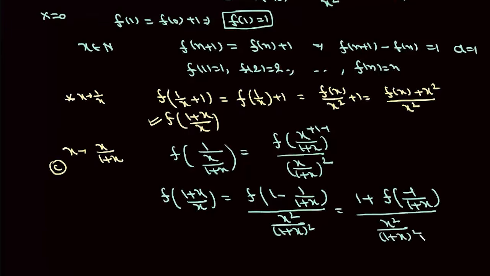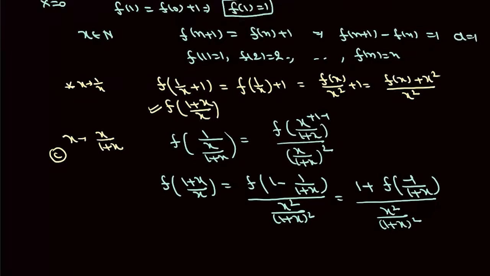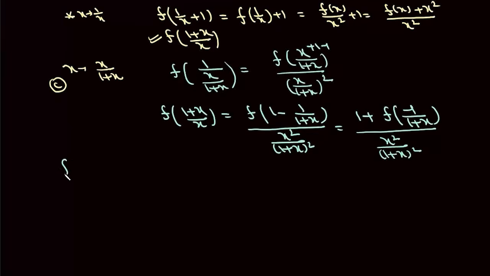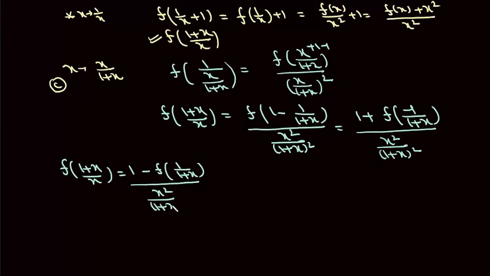Now we are also given this f(x) is an odd function. So f(-x) will be minus f(x). So we can write f(1+x)/x will be 1 minus f(1/(1+x)) upon x^2 (1+x)^2. Now this again is your third equation, f(1/x) will be f(x)/x^2.